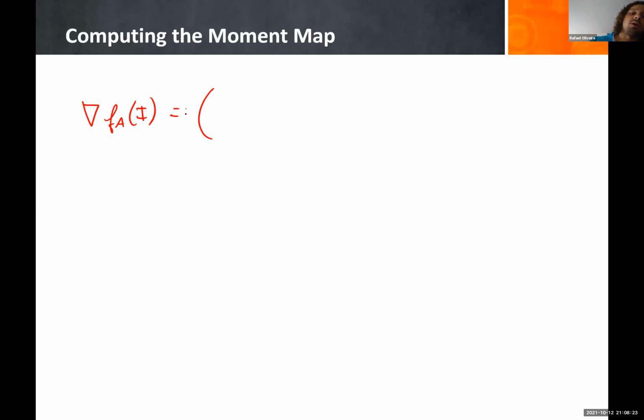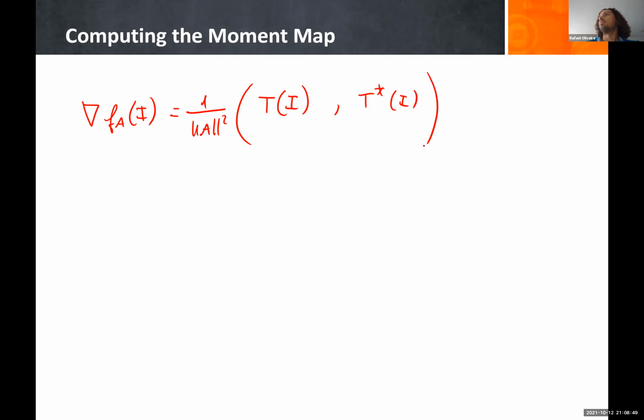So it's going to be 1 over the norm of A squared times, and if you just do the computation without noticing one thing, you're going to get t of I, t dual of I. Yeah. But then you may look and say, well, okay, but this does not look like the distance to doubly balanced, right? We're missing that minus the identity.